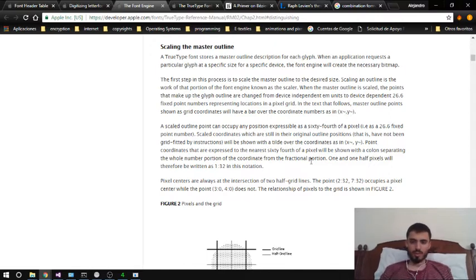A scaled endpoint can occupy a position expressible as 1/64 of a pixel. Okay, that's the minimum scaling unit, as a 26.6 fixed point number. Scaled coordinates which are still in the original outline positions, not yet grid fitted by instructions, will be shown with a tilde over the coordinates.